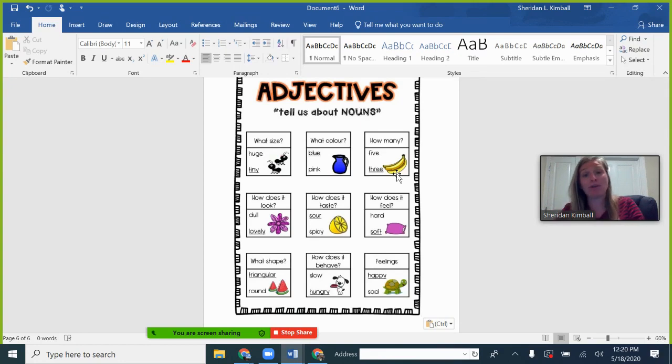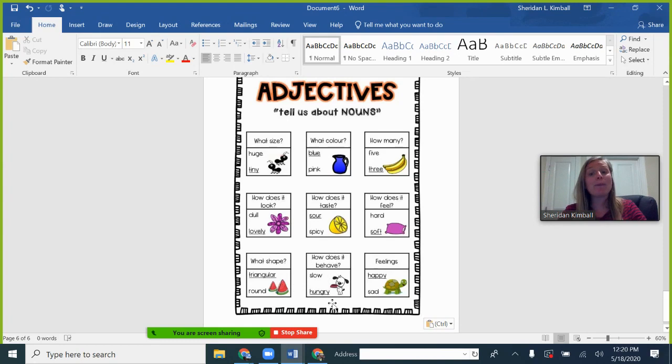That's a way to describe with an adjective. You could describe how it looks, like dull or lovely. You could describe the taste, like sour or spicy. You could describe how it feels, like hard or soft. You could describe shape, like a triangle or round or circle.